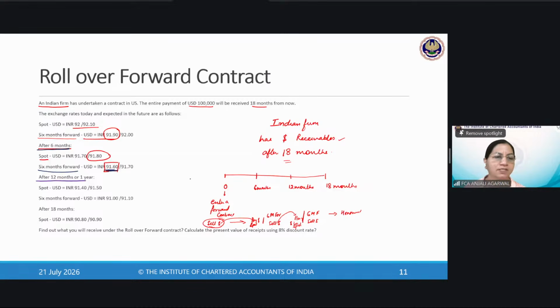After 12 months, what is the scene? Spot market says 91.40 and 91.50. So to square off the position, you will buy at 91.50 and execute this forward contract, square off this at 91.60.